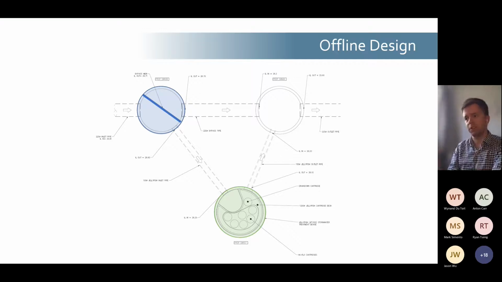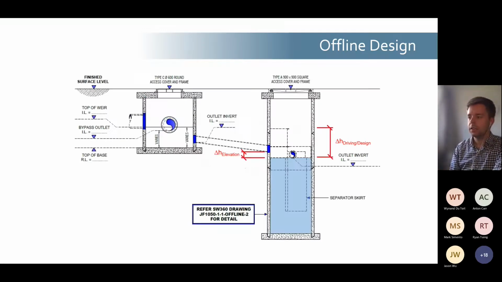So if we take a cross-section through that, we have the JellyFish with the upstream manhole with the weir in. So there's the permanent water level in the JellyFish. Flows start to flow into that upstream manhole, and then that builds up to the driving head level of the device, and then any flows in excess of that will overtop the weir, and they'll bypass the treatment system.